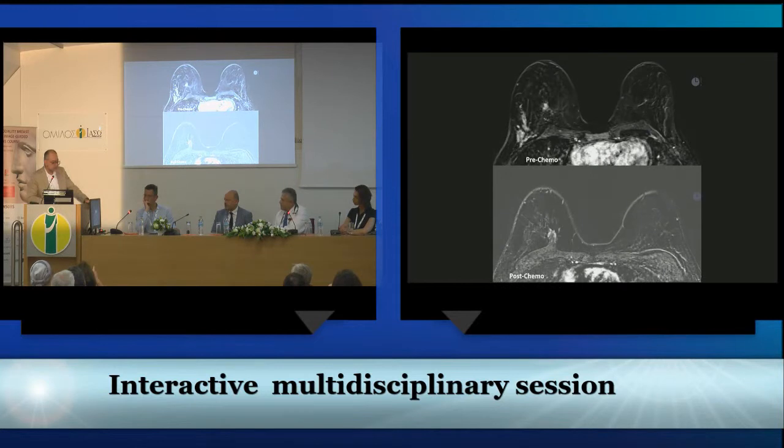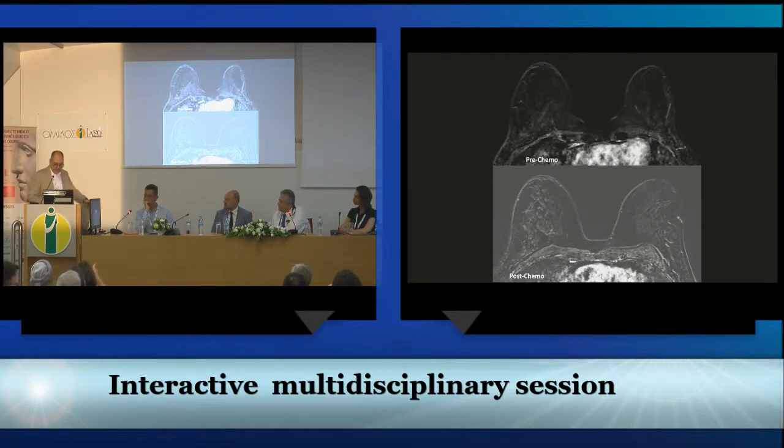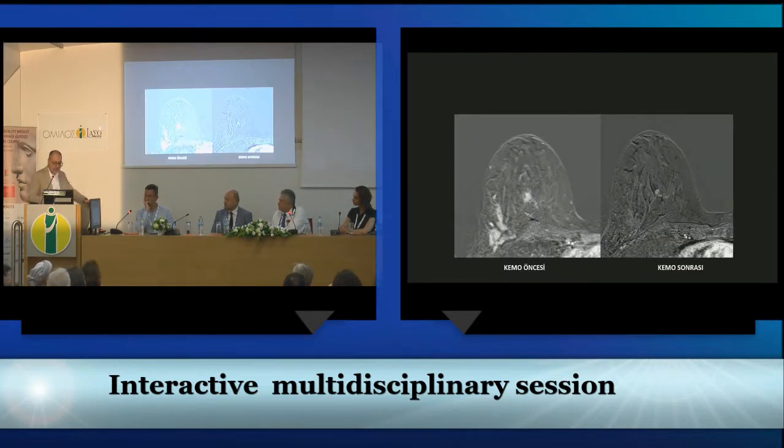Yeah, exactly. This was the only MR positive lesion left here. All the other lesions disappeared. So what would you do as for surgery for her now after the chemo? Well, the lesion is far away from the nipple areola complex.